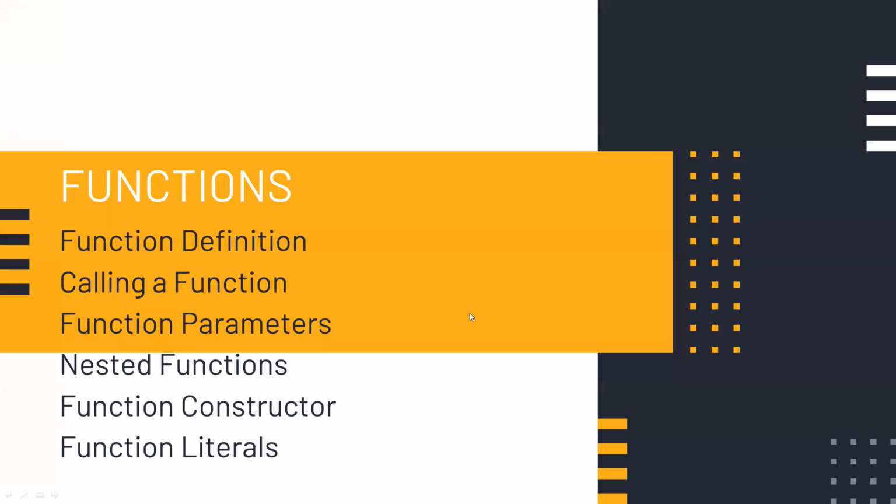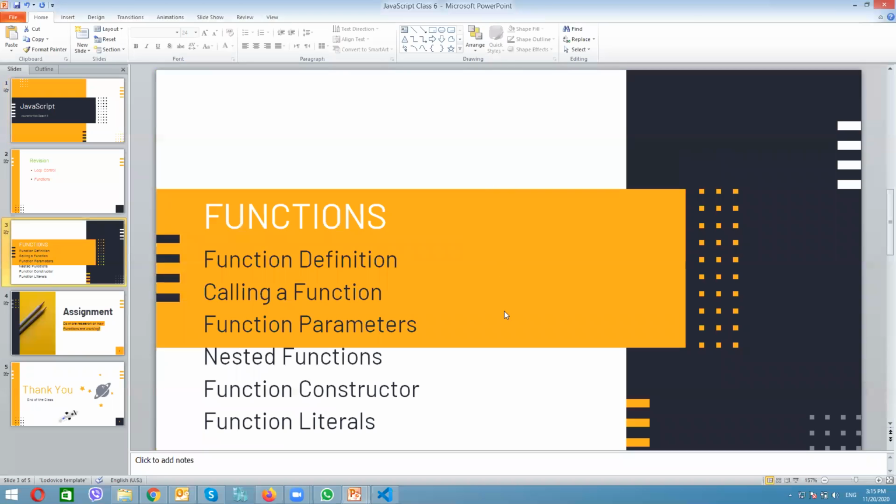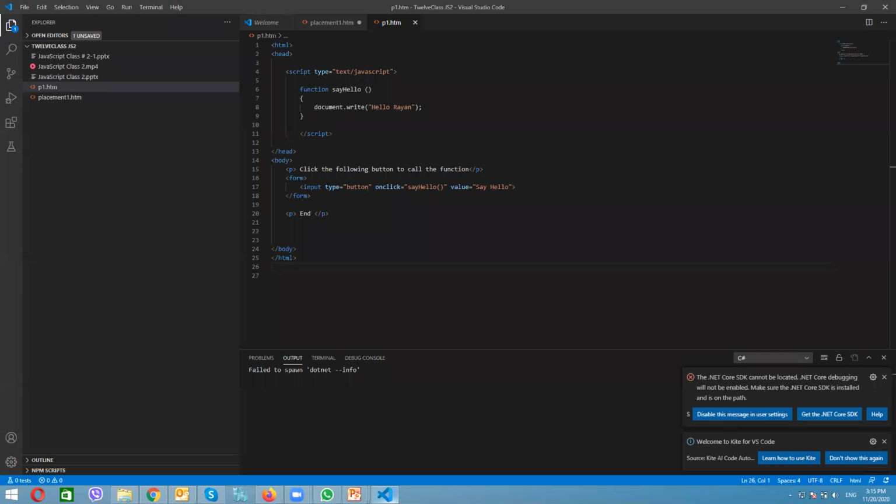Today we will repeat the function definition and how we call a function. And today we will discuss function parameters. What are function parameters? What is a nested function? What is a function constructor? And what are function literals? So let's not waste our time, and we will start with what we learned last time.